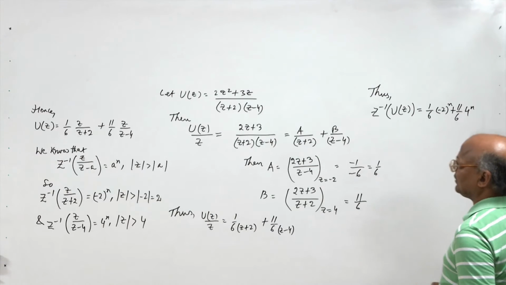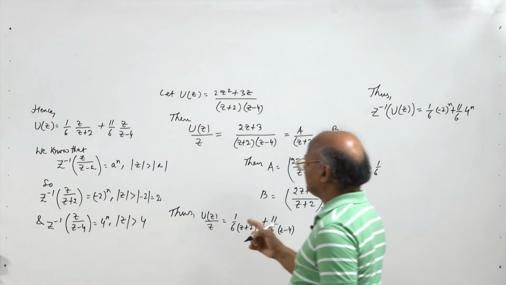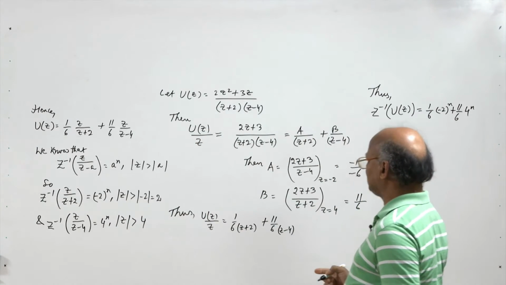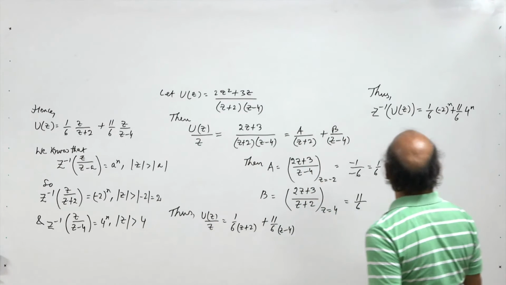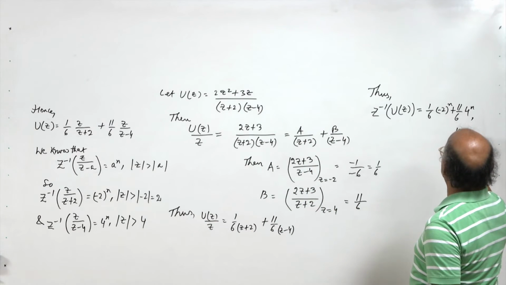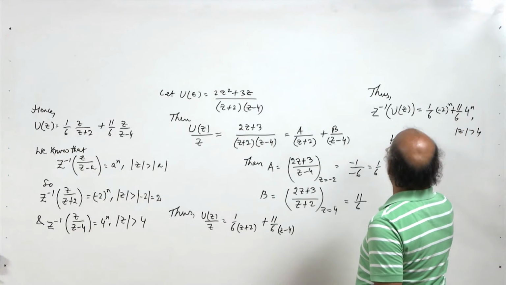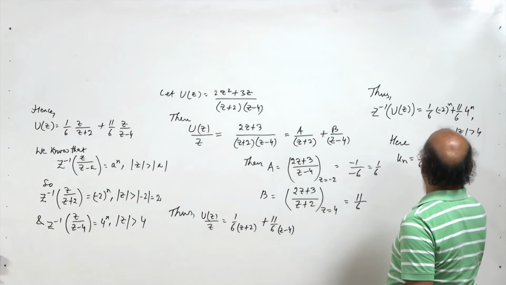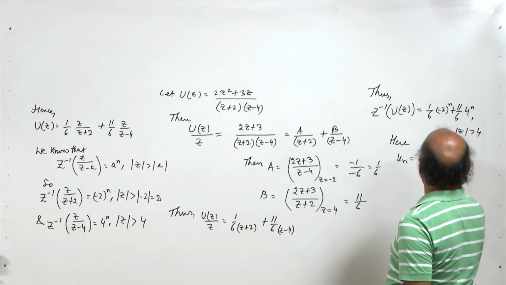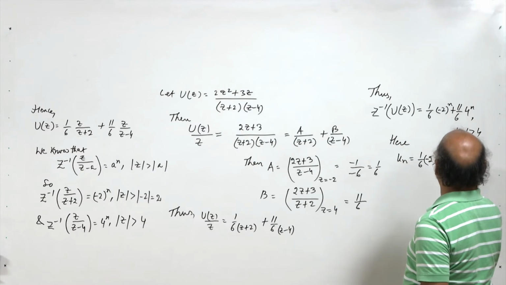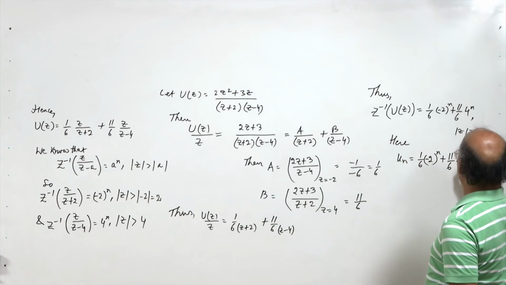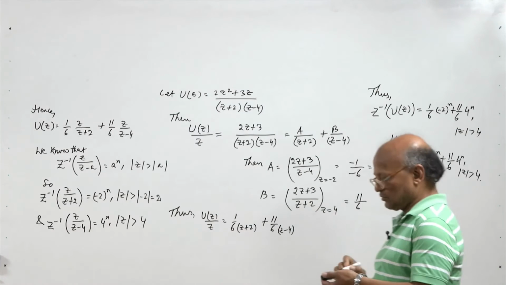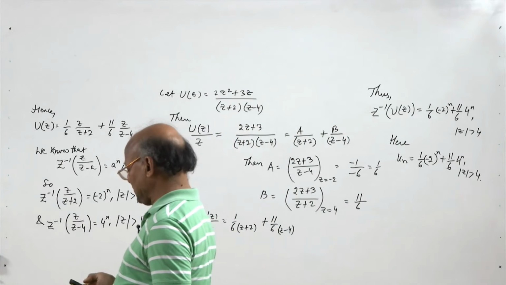In the case of Z inverse of z over z plus 2, the region of convergence was mod of z greater than 2, and here it is mod of z greater than 4. So, this is valid when mod of z is greater than 4. So, here u(n) is equal to 1 by 6 into minus 2 to the power n, plus 11 by 6 into 4 to the power n, where mod of z is greater than 4. So, this is how we can find the inverse Z transform in this case.